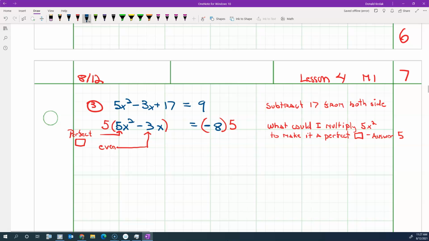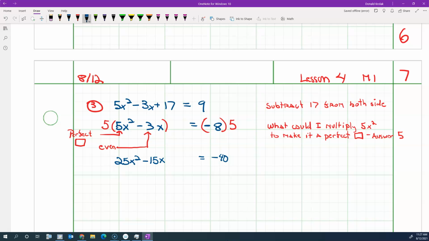Okay, so now I get 25x squared, okay, minus 15x equals negative 40.